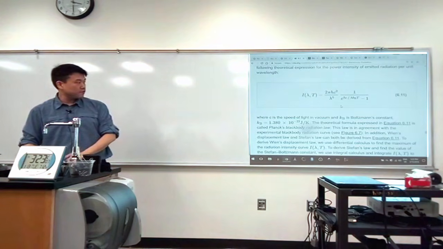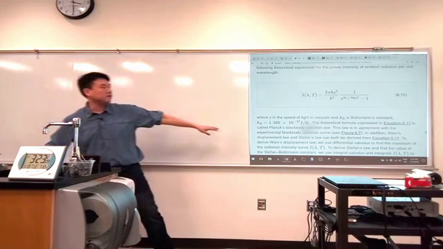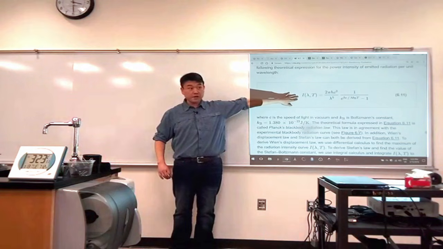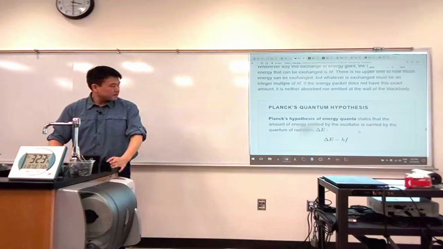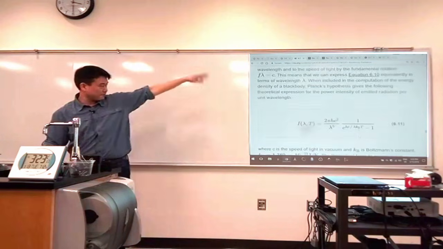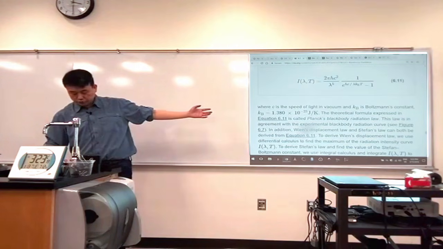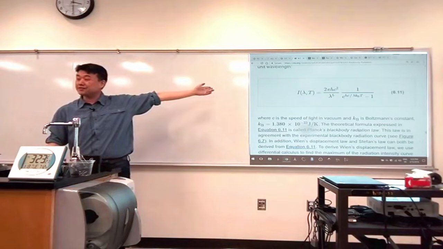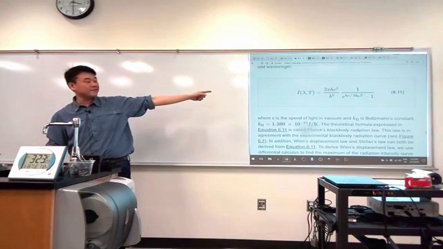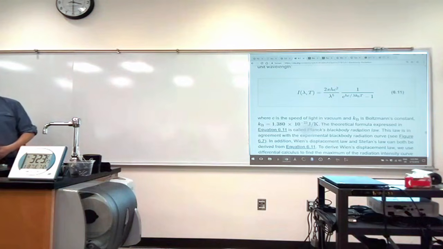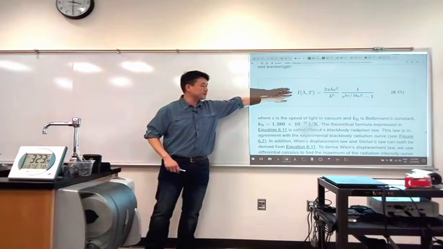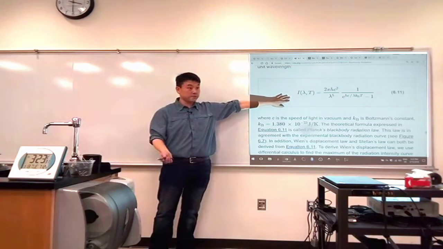And this is the result. This is Planck's law for blackbody radiation. In order to derive this expression, I'm putting this on the board because that's the one expression I don't have memorized. Everything else I have memorized. So to derive this, Planck had to make an assumption.